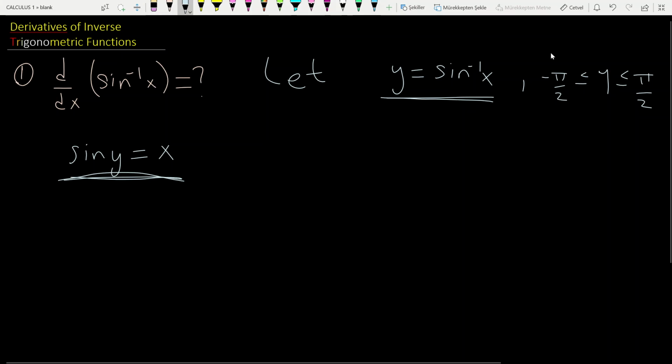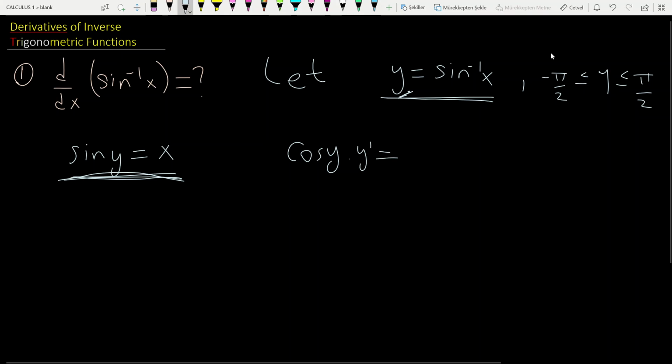Then we get the derivative of sine y is equal to cosine y times, do not forget that y is a function of x. Since y is a function of x, y is not a variable. When you take the derivative of y, you have y prime.